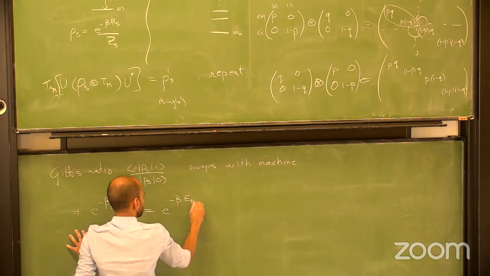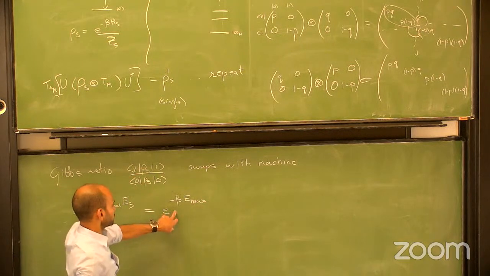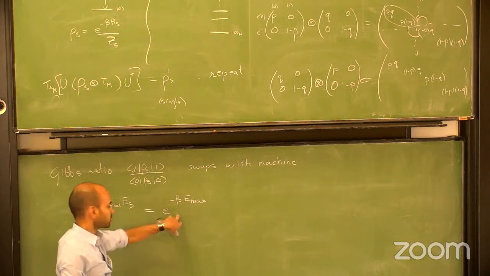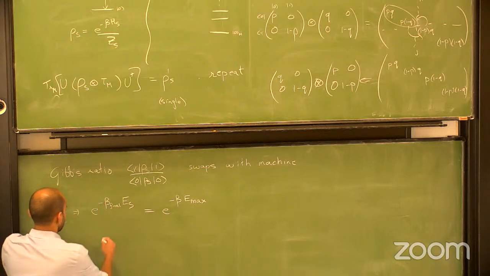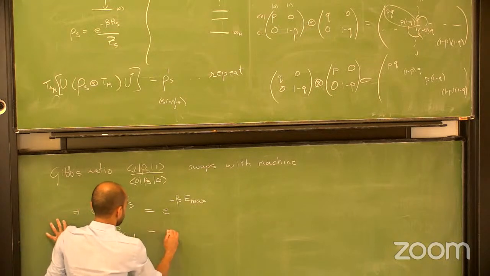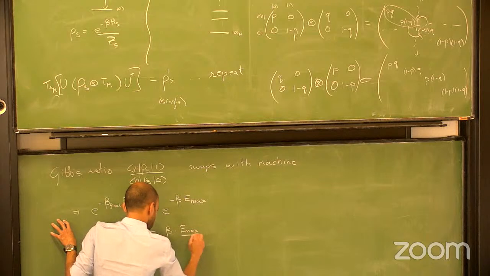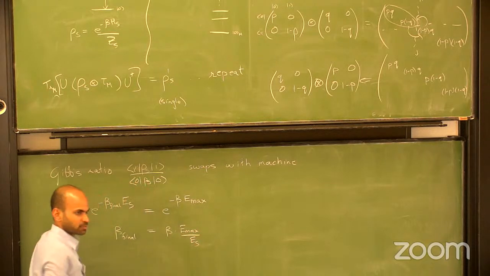Let's write it as E max. So this was the ratio of excited to ground state population of the machine to start with. That's now in the system. And so this gives us beta final indeed is equal to beta times E max by E S.